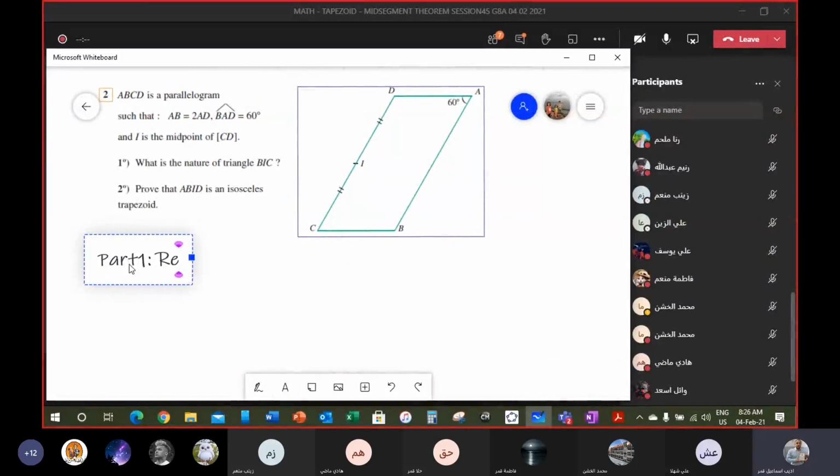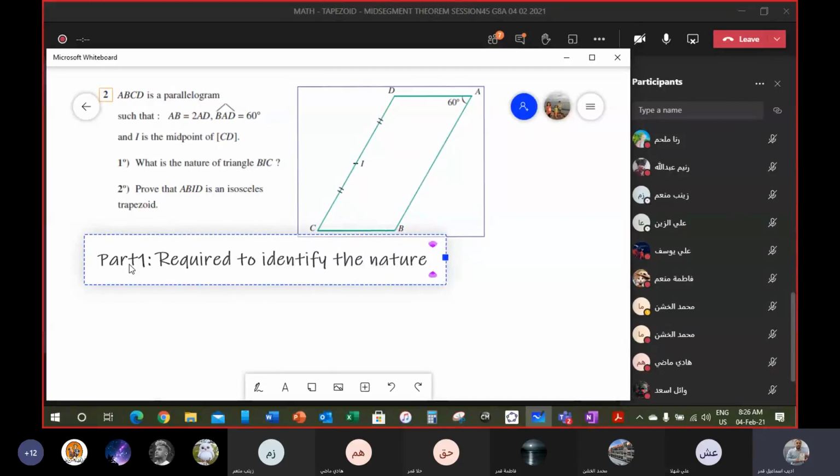فإذا بنقول required to identify the nature of triangle BIC.